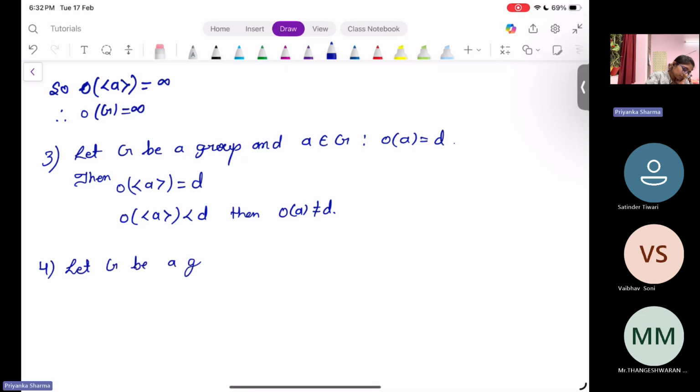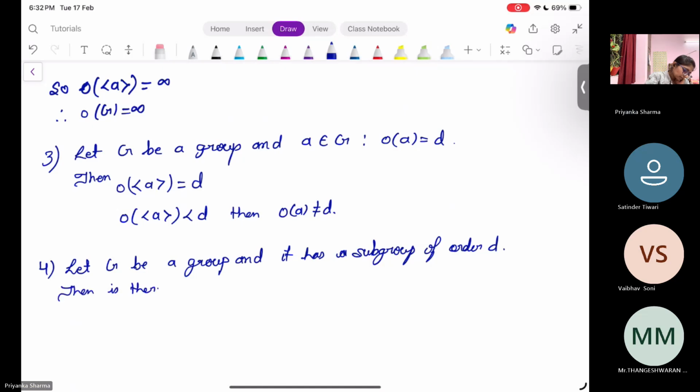Let G be a group and it has a subgroup of some given order, say order D. Then is there some A belongs to G such that the order of A is D always?